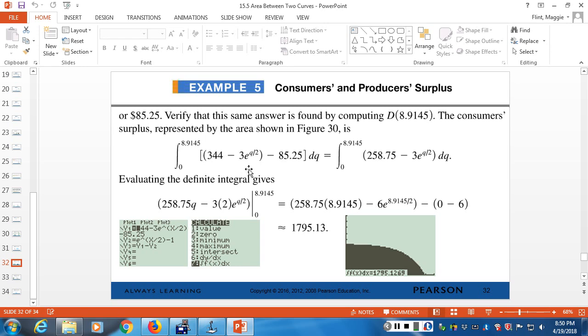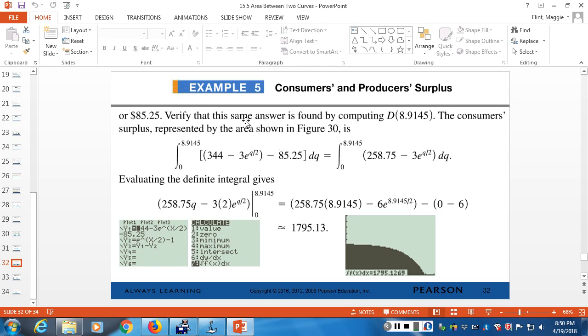And when you simplify this by subtracting the 85.25, it comes out to be that, which is an easier choice. And then you do your integrals. I did these on the calculator. And the reason that you subtract that is because that's where the equilibrium point is.